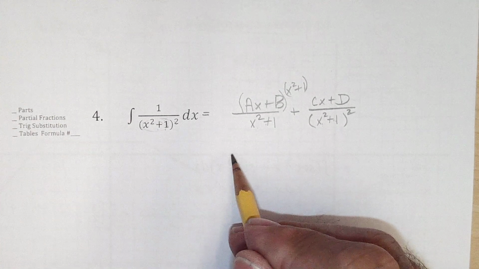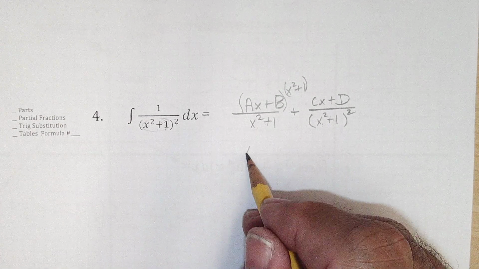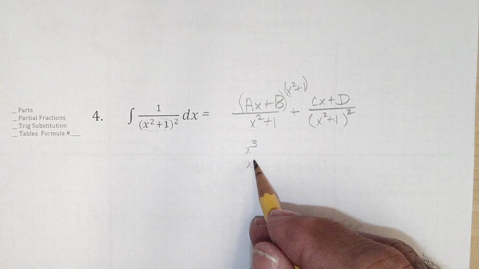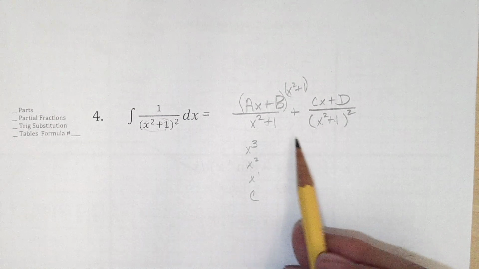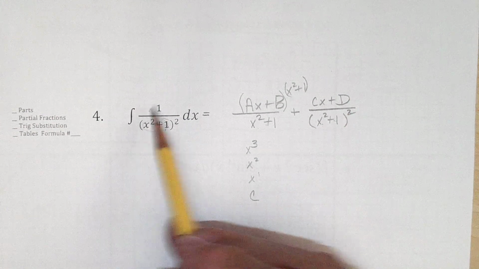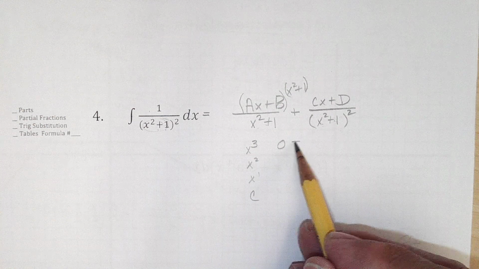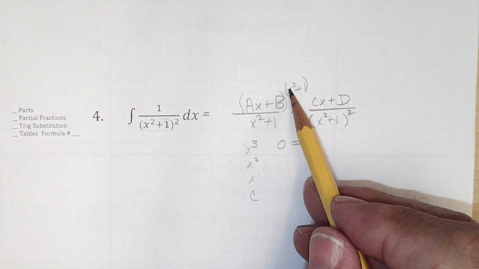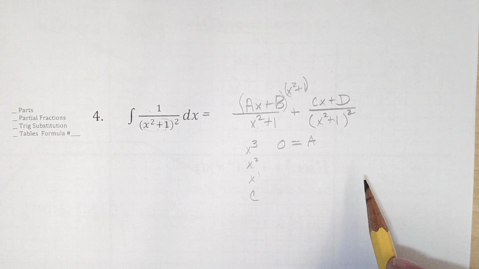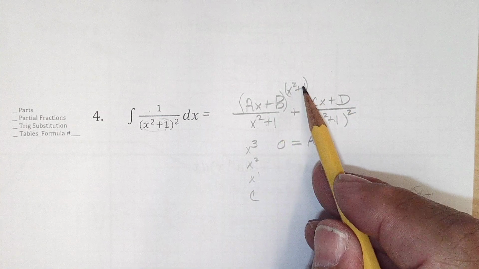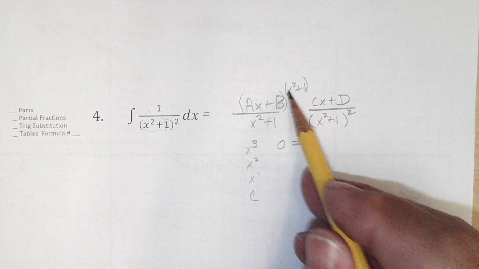So now if I make my equations, I'm going to have some x to the thirds, x to the seconds, x to the first, and a constant. X to the thirds, none. Ax times x squared is ax to the third. Ax times that's x, that's a bx squared.